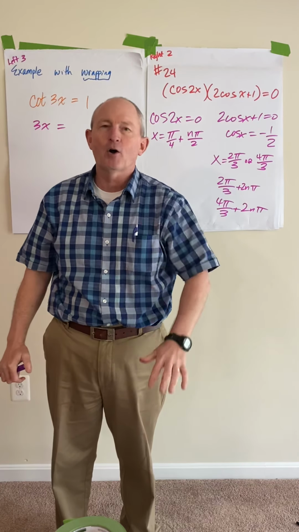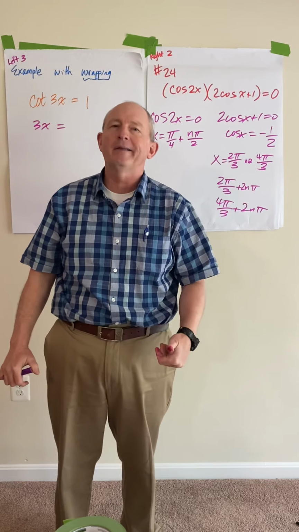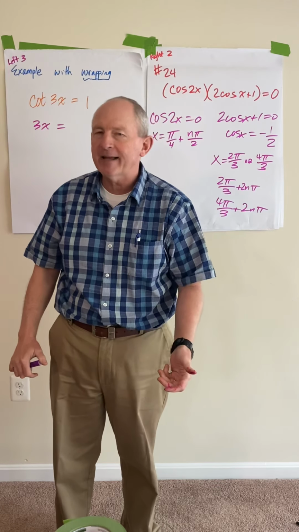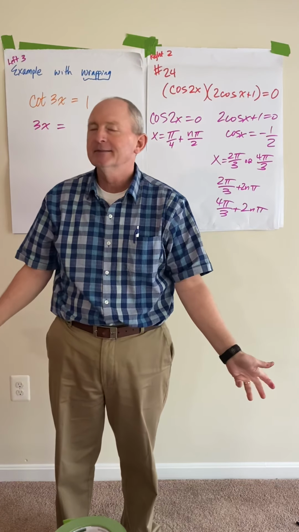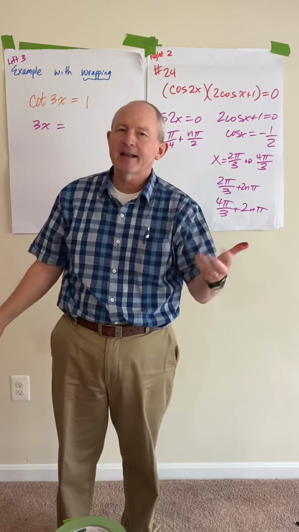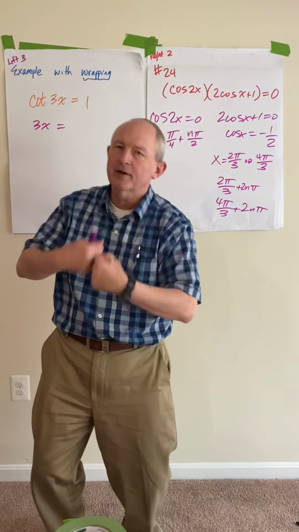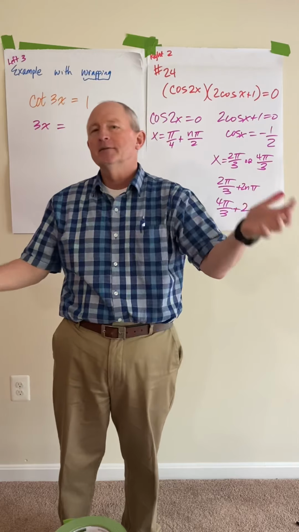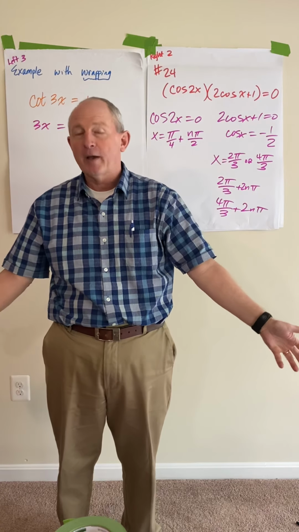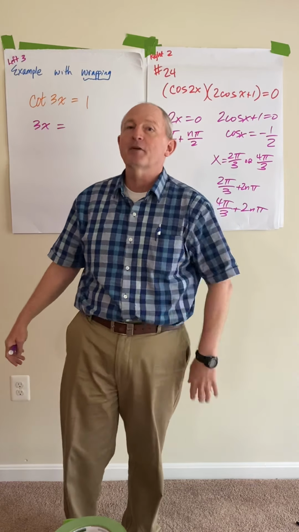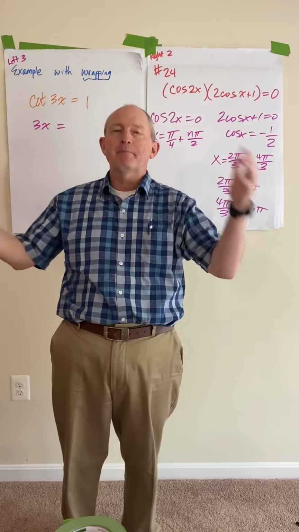That's not very hard, because the cotangent equals 1 exactly when the tangent equals 1. That's not a trick, because if sine and cosine are equal to each other, then the cotangent and the tangent are both equal to 1. So in the first quadrant, the cotangent equals 1 at pi/4.